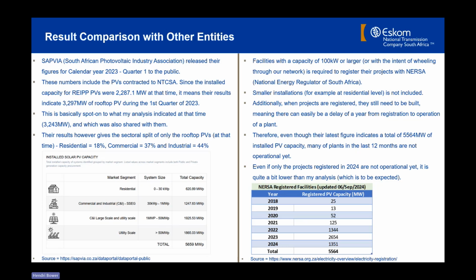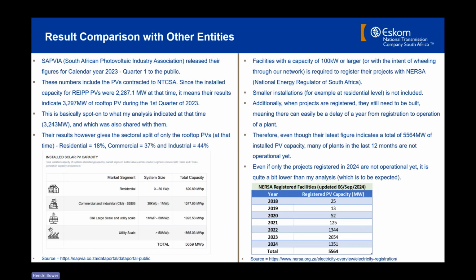But if I had to give them the benefit of the doubt and say it's only the projects that were registered in 2024, it means that there's still 1,300 megawatts that are registered but not operational yet. So if you had to use the total of 5,500 and subtract 1,300, you're looking at a value of close to about 4,200 at the moment.